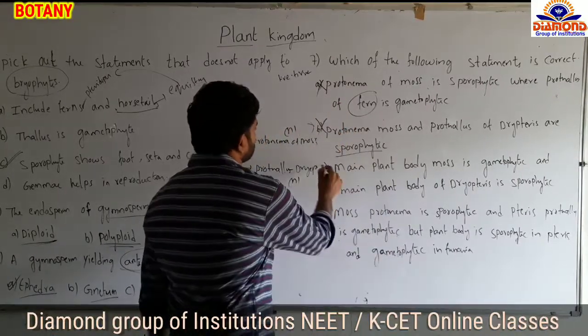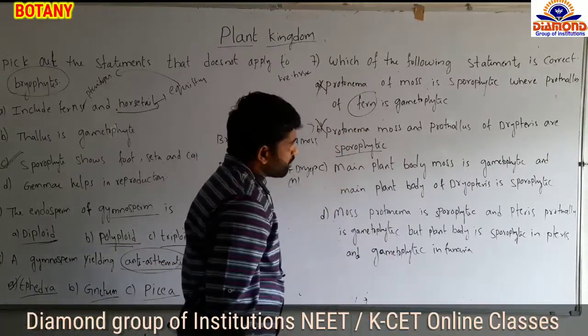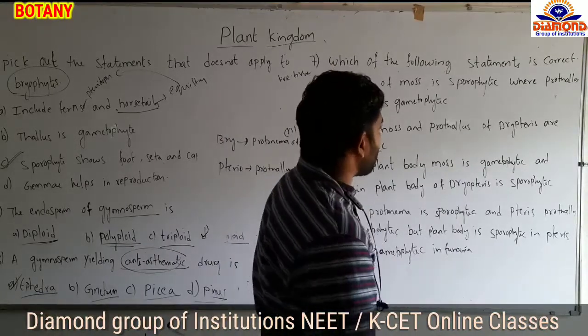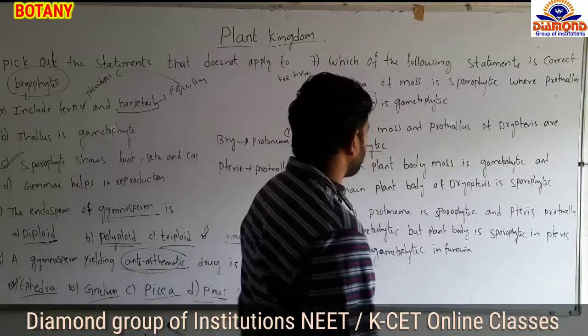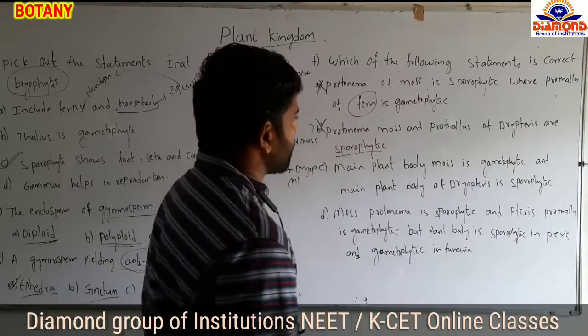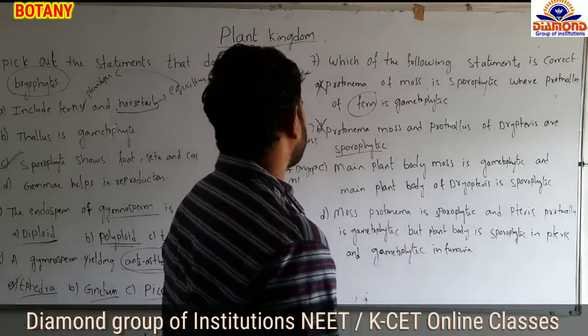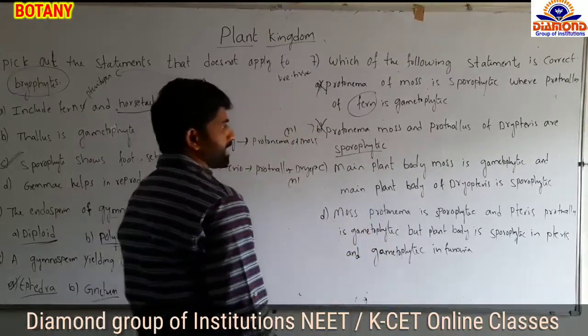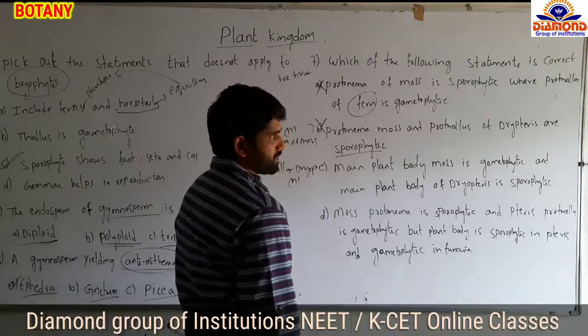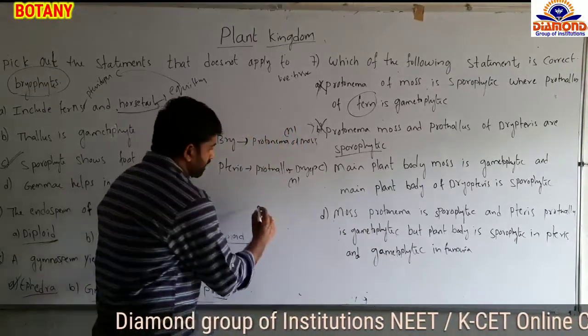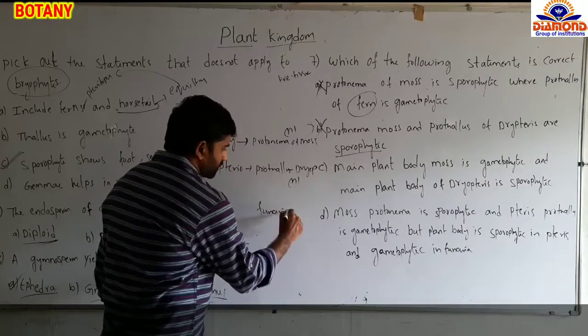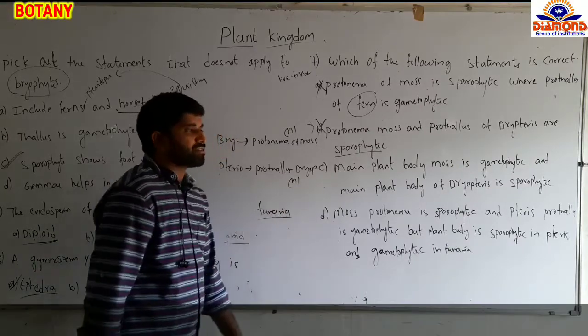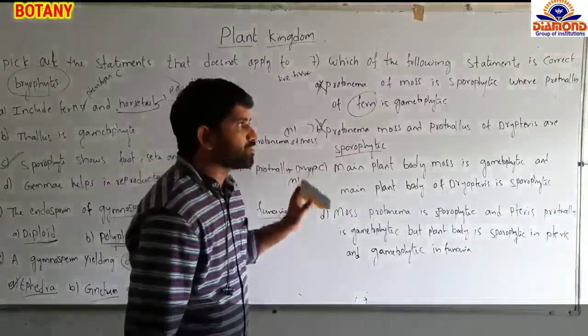Now see option C: the main plant body of moss is gametophytic and the main plant body of Dryopteris is sporophytic. The main plant body of the moss, a good example being Funaria, looks like an angiosperm plant.